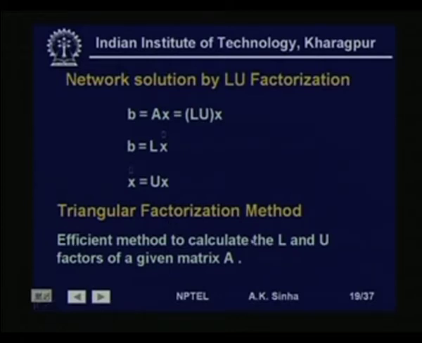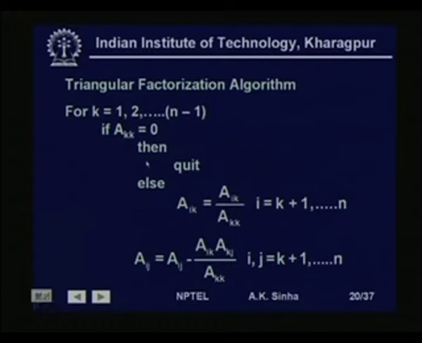An efficient method to calculate L and U factors for a given matrix is the triangular factorization algorithm. Now, in this algorithm, for k = 1 up to n minus 1, if a_kk is equal to 0, then just go out, that is, if the diagonal element is 0, then go out.